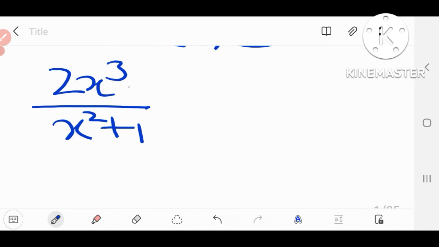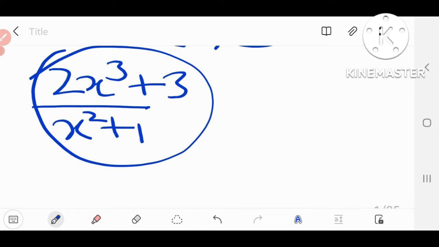Now this one is an improper fraction because the degree of the polynomial in the numerator is 3, whereas the degree of the polynomial in the denominator is 2, and the numerator degree is greater than the denominator. So this type of algebraic fraction is called an improper fraction.